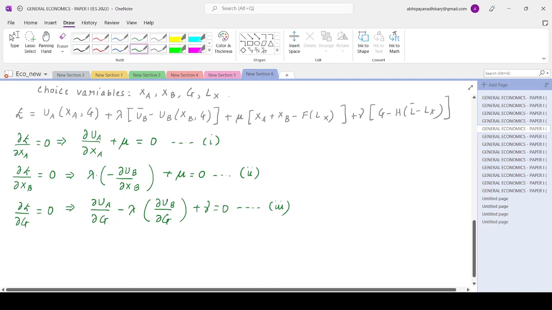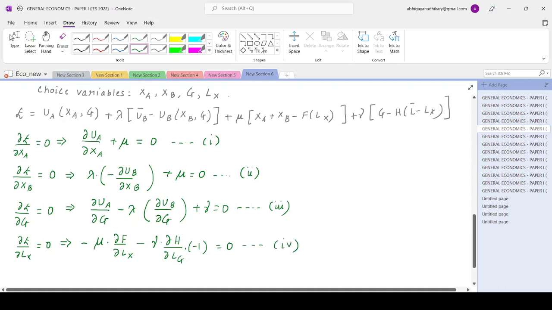And the fourth one is choosing the optimal amount of labor. So del L by del Lx is equal to 0. The first and the second terms will not contribute. So this will become minus mu times del F by del Lx, and this will be minus gamma times del H by del Lg into minus 1.